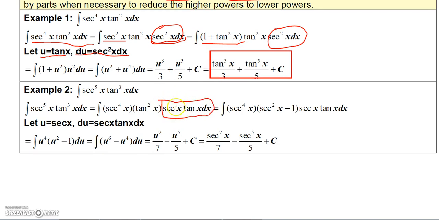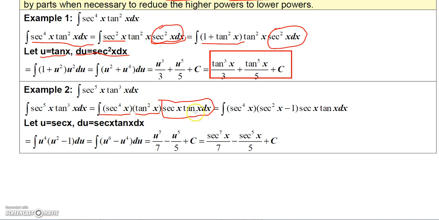Now, think ahead on me on this one. Remember that secant x tangent x is actually the derivative of secant x. So on this problem, I'm thinking of letting u equal secant x, so I get this as my du. If I'm going to want everything in terms of secant x, then I can leave this the way it's written, secant fourth x, and then use my identity for tangent squared x here.